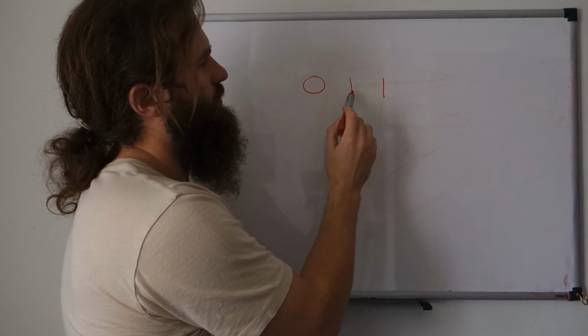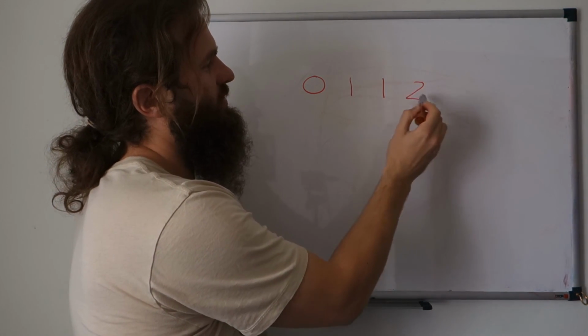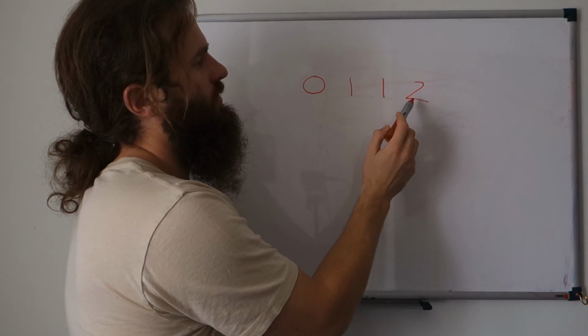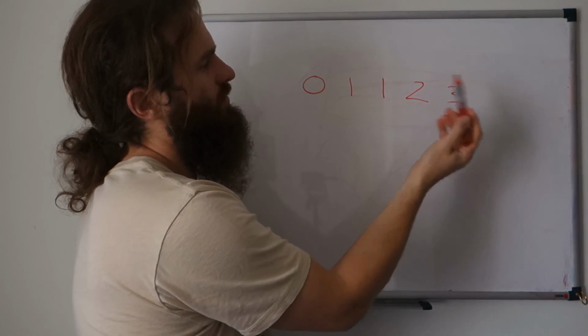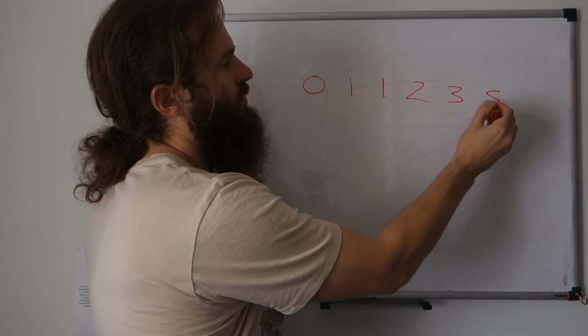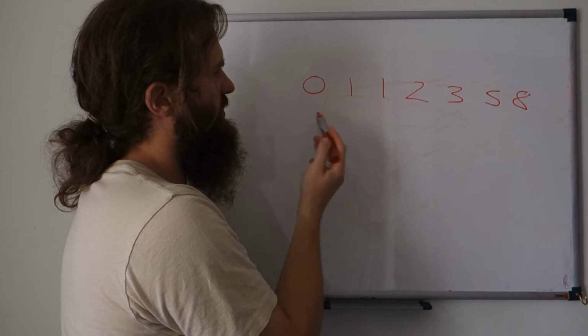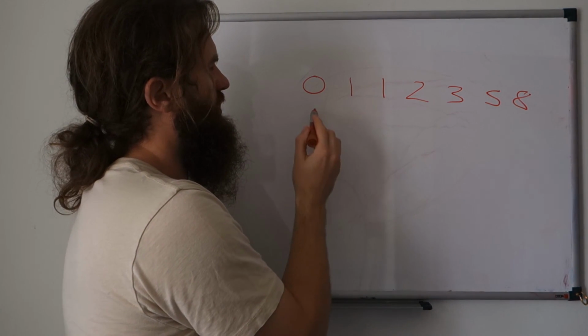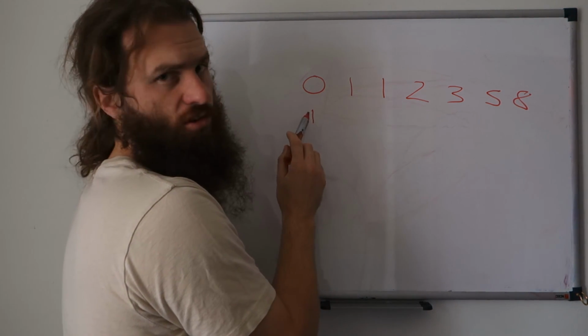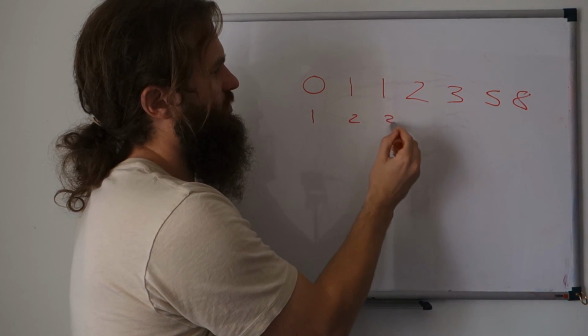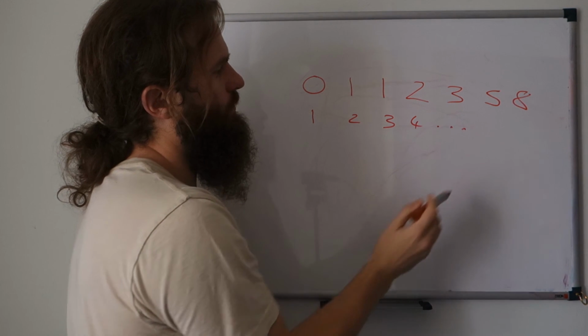And then the sum of 1 and 1 is 2, so that's the next. The sum of 2 and 1 is 3, that's the next, and so on and so on. We'll say that this is the first Fibonacci number, this is the second, this is the third, the fourth, and so on.